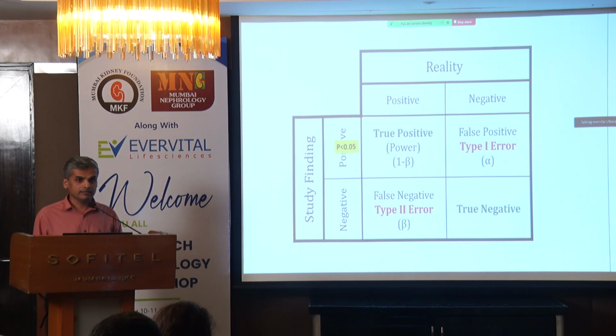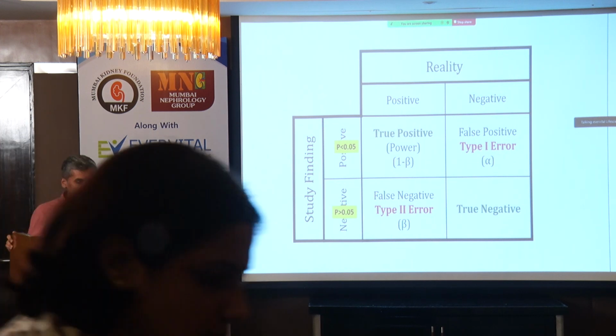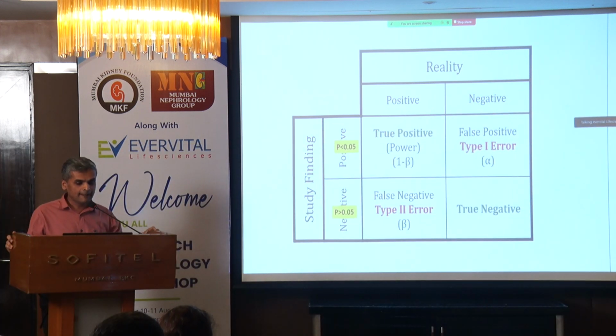One, you may get a statistically significant result, p below 0.05, when in fact there is a difference, that is a true positive. But sometimes you may find a difference when in fact it is not there, and you have committed an error called type 1 or alpha error.